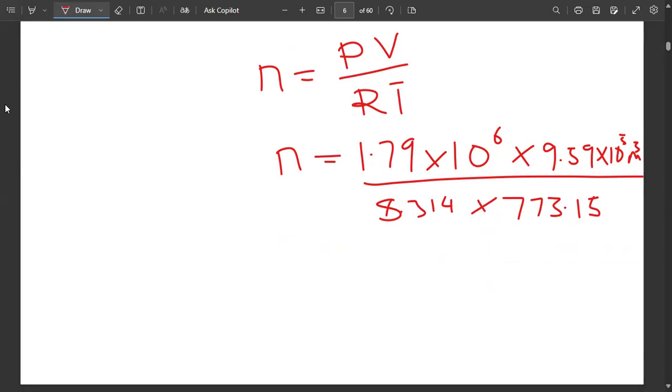Let me multiply on my calculator. Let me plug it in first. Okay, so 1.79 exponential 6 multiplied by 9.59 exponential 5.